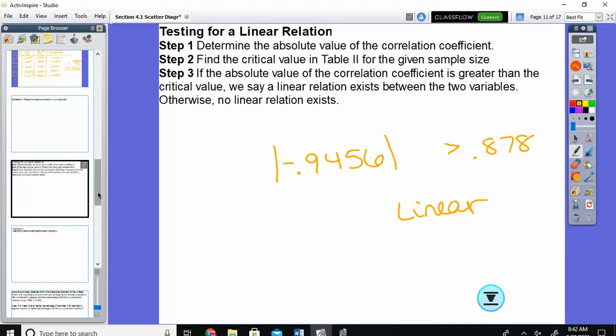So it has to be a weaker relationship for us to still say linear as we have more points. If we have 5 points, the critical value is 0.878, so we have to be bigger than that to say it's linear.